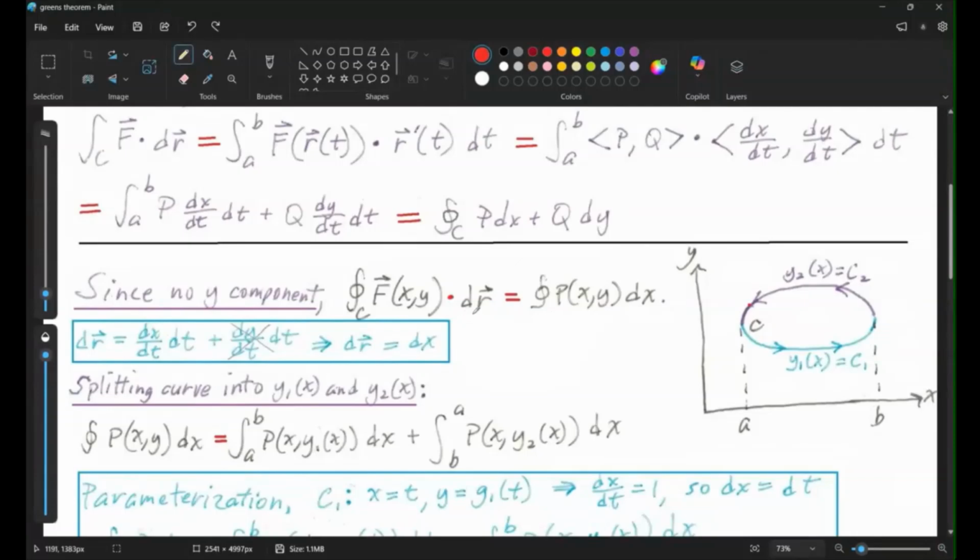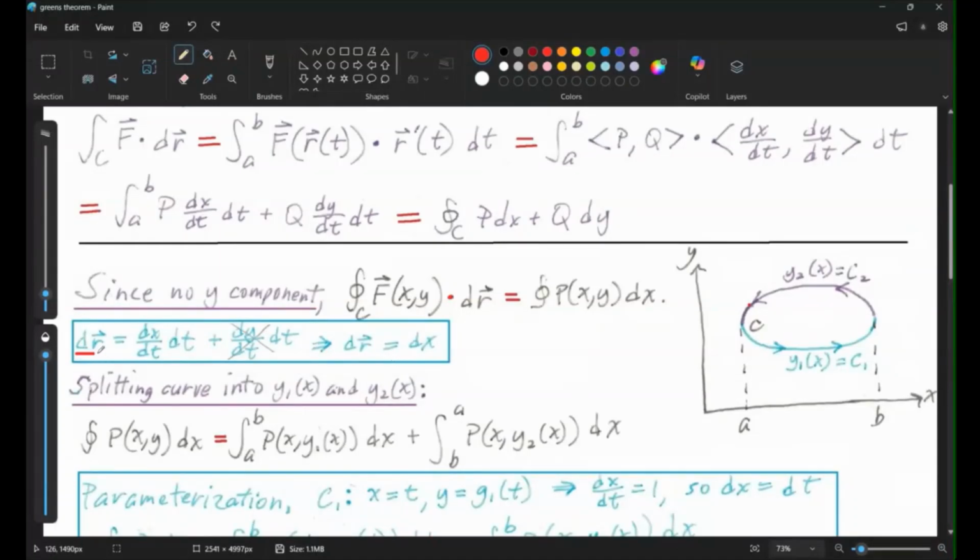Well, first let me mention this. So dr would be the same as dx. Logically, you could think if you have the r vector and there's no y component, then the r vector is nothing but the x vector. So a change in r is the same as a change in x. Or if you wanted to see it explicitly, the differential, a change in r, would be dx/dt times dt plus dy/dt times dt, but we are not doing a y component here.